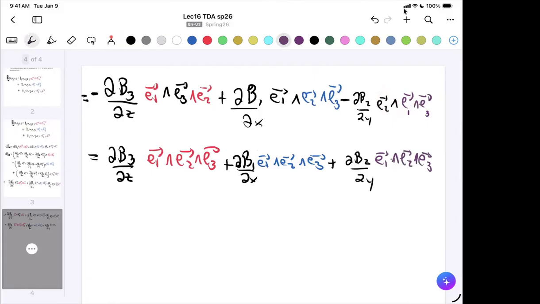Okay, so now you have E1 wedge E2 wedge E3, E1 wedge E2 wedge E3, E1 wedge E2 wedge E3. So you can factor one of them as a single term.